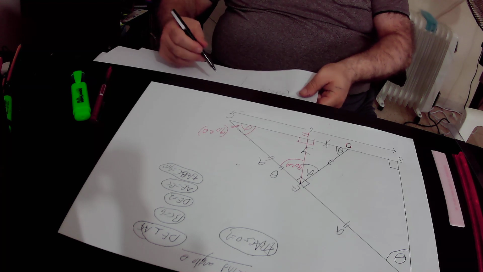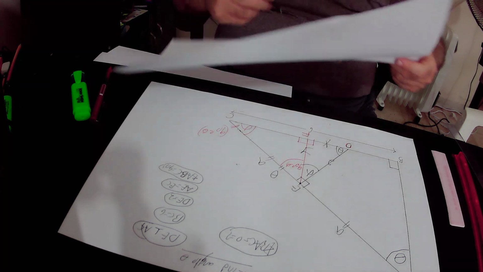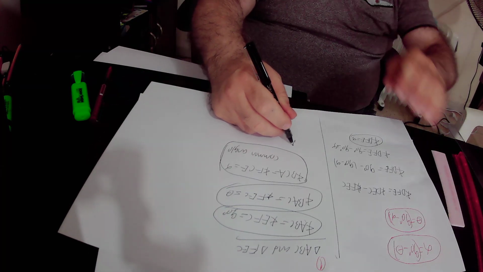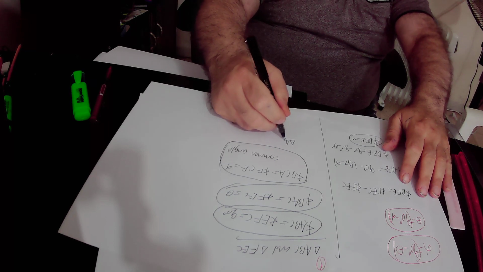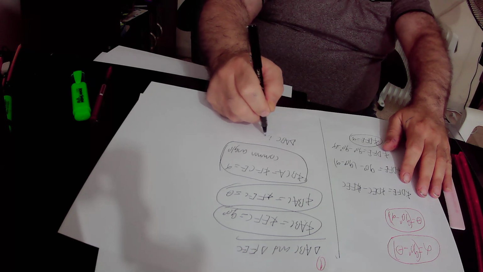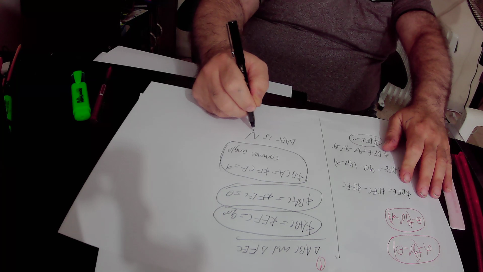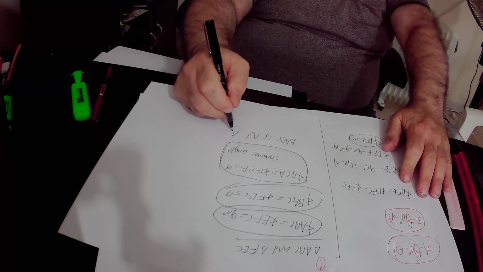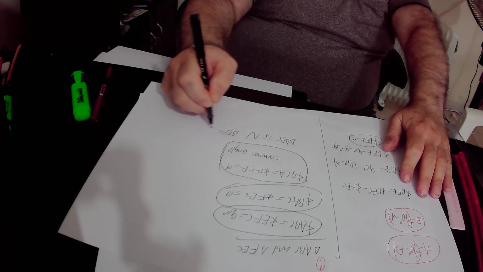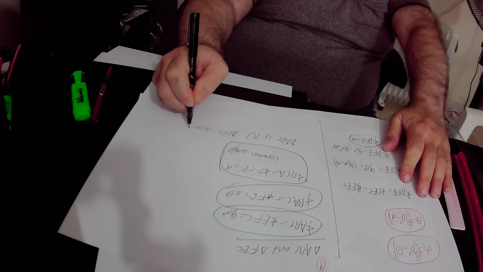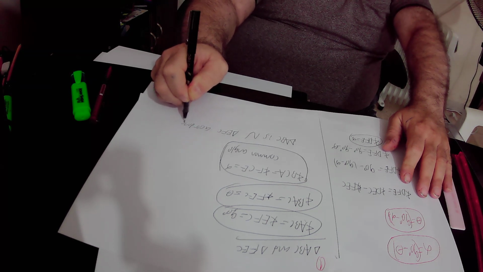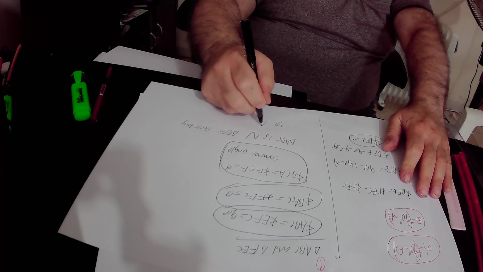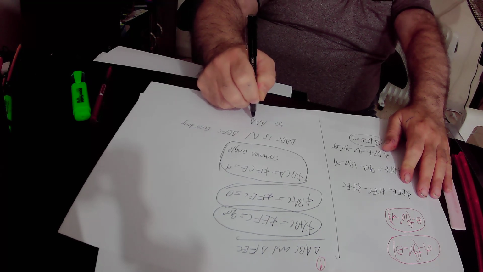So I will write it down. We proved that the big right triangle ABC is similar, this is the sign of similar, to the right triangle EFC according to the angle similarity rule.